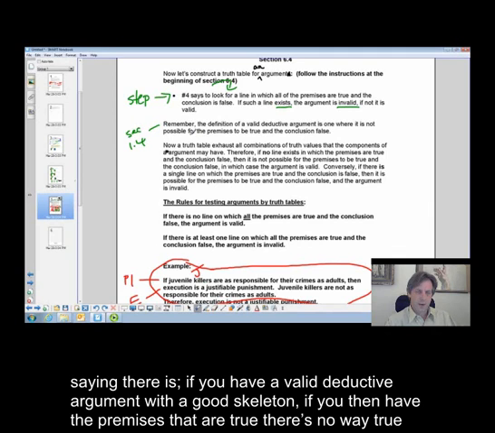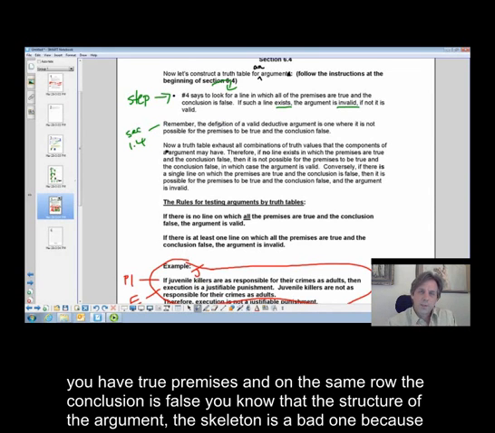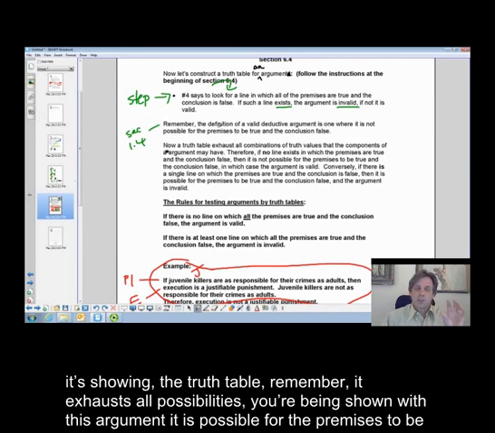Validity has to do with a good logical thread. It doesn't really have to do with the content. So what that is saying there is, if you have a valid deductive argument with a good skeleton, and you then have premises that are true, there's no way true premises with a good valid skeleton are ever going to deliver you a false conclusion. So if you look at this truth table and you see a line where you have true premises and on the same row the conclusion is false, you know that the structure of the argument, the skeleton, is a bad one, because the truth table exhausts all possibilities.